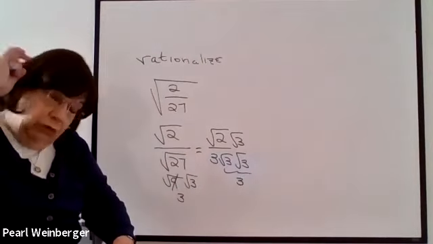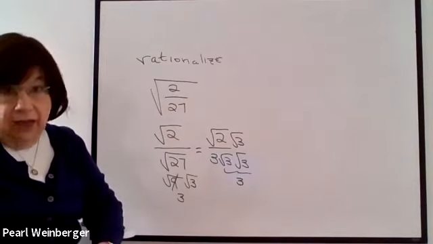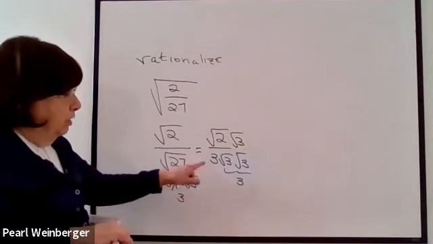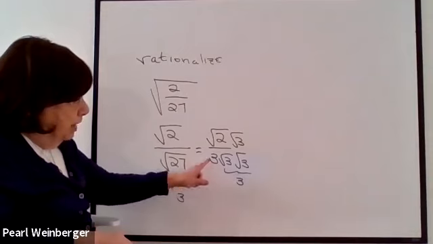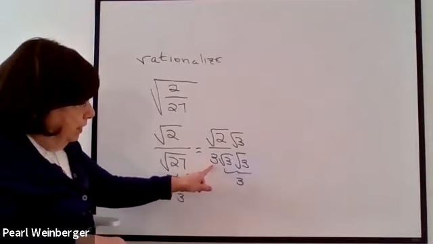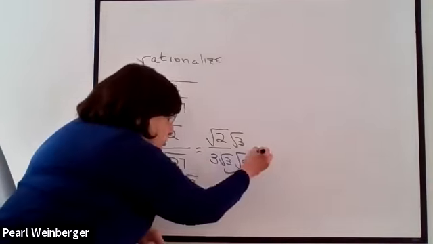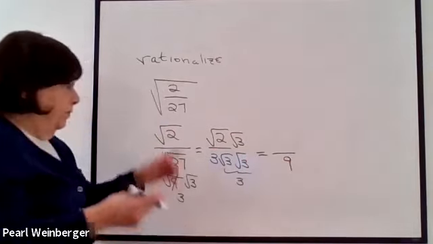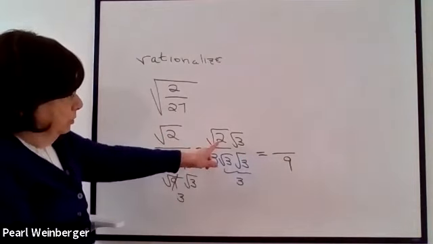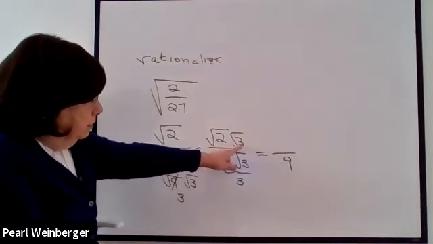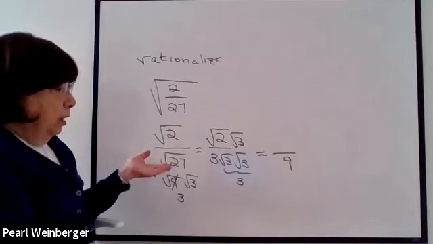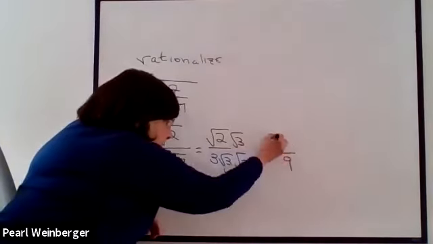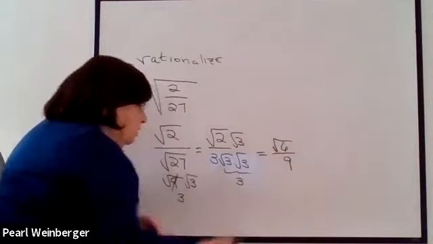Or we could think square root of 3 times square root of 3 is square root of 9, which is 3, not in a radical. So therefore, my denominator turns out to be 3 times 3, or just plain 9. What about the numerator? Well, I have to multiply the radical 2 times the radical 3. Those are both numbers inside radicals, so they can multiply together, and that gives me radical 6.